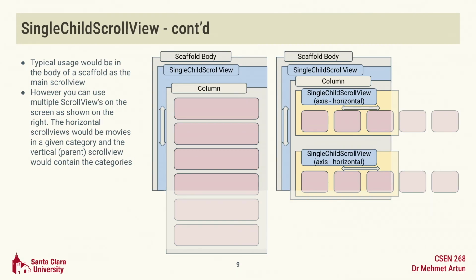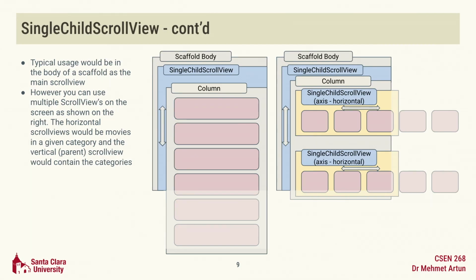Over here, I have a column which is bigger than the scroll view, so the whole thing will scroll, right? And then the widgets inside the column are again single child scrollers, but this time horizontal axis.